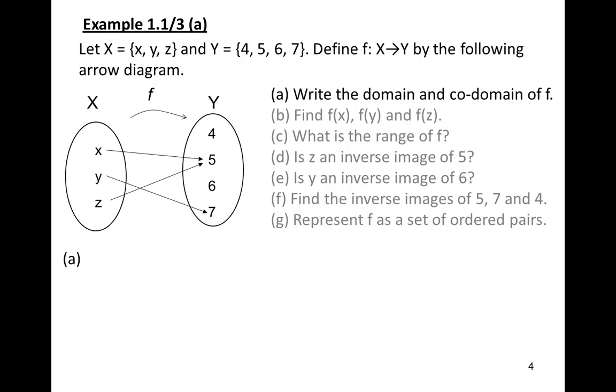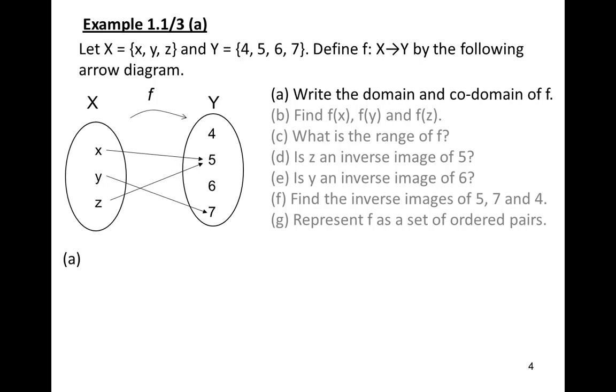In this example, we are given a function f defined by this arrow diagram, and we are asked a series of questions with regards to the terminologies of functions. Part A. What would be the domain and codomain of f?